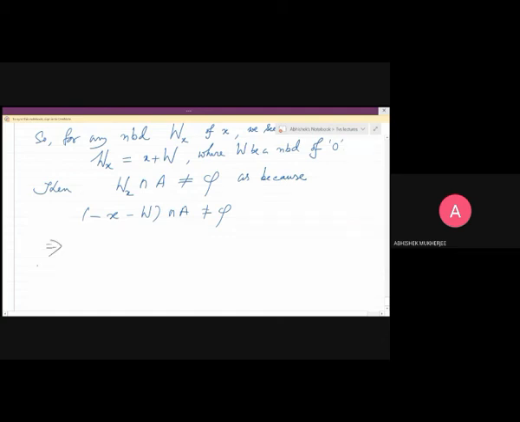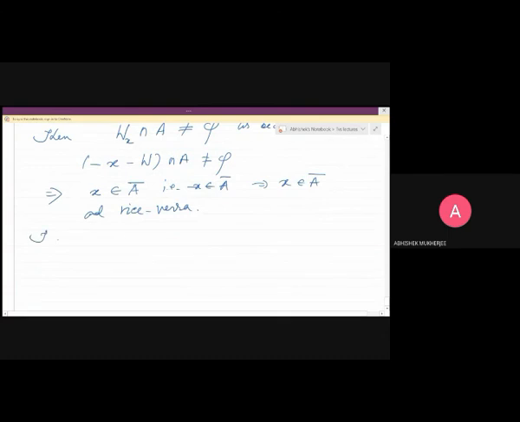And this proves that x belongs to A bar, that is, minus x belongs to A bar implies x belongs to A bar and vice versa. So this proves that A bar is also symmetric. So if A is symmetric, then its closure is also symmetric. So with this one, I would like to end.